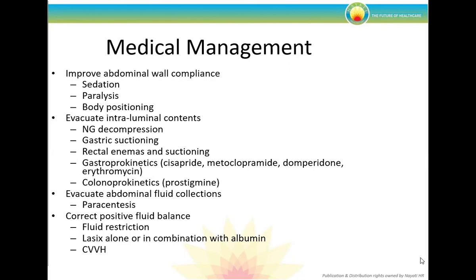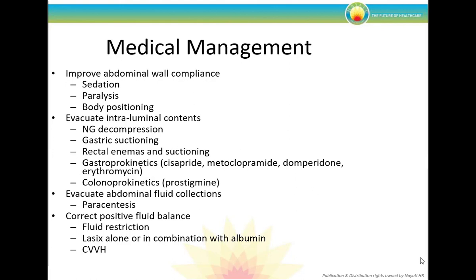Evacuate the intraluminal content by doing decompression, suctioning of the gastric contents, enemas, and putting a rectal tube to decompress the rectum and the colon. And you can also use prokinetic agents, cisapride, metoclopramide or domperidone, or even erythromycin. In patients with ileus, you can use neostigmine.